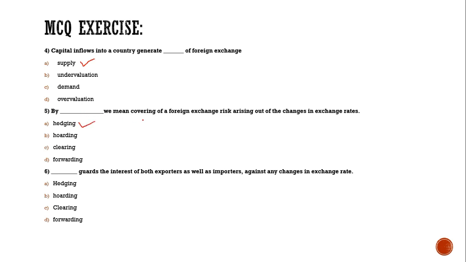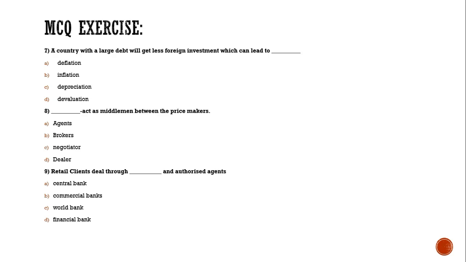By hedging we mean covering of a foreign exchange risk arising out of the changes in the exchange rate. And the next one, dash guards the interests of both exporters as well as importers against any changes in the exchange rate. Again, it is hedging. So I hope everyone has got these three answers right. Now we move on to the last MCQ exercise.